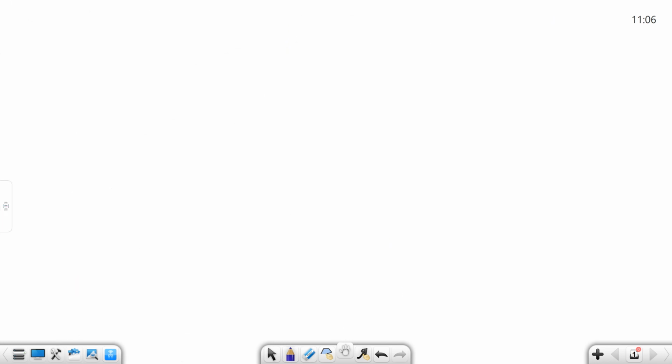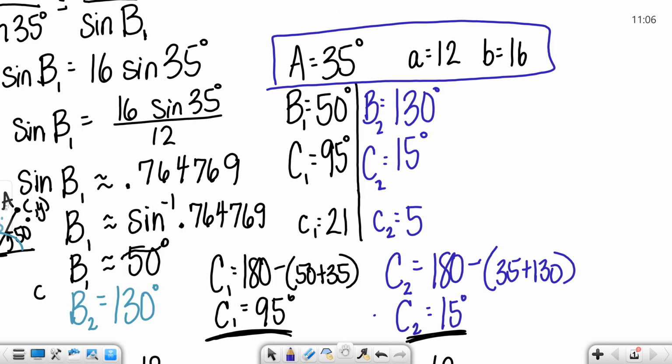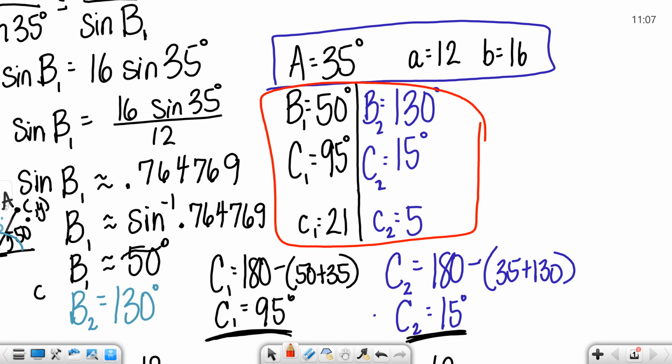Okay, so we found all of this information. They gave me one angle A, little side a and little side b. I found out that there were going to be two triangle options. Triangle A1, B1, C1, I found everything that goes with that.